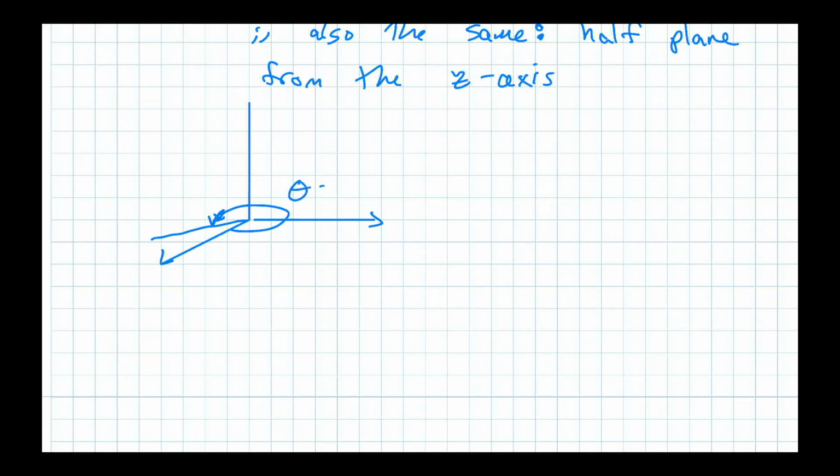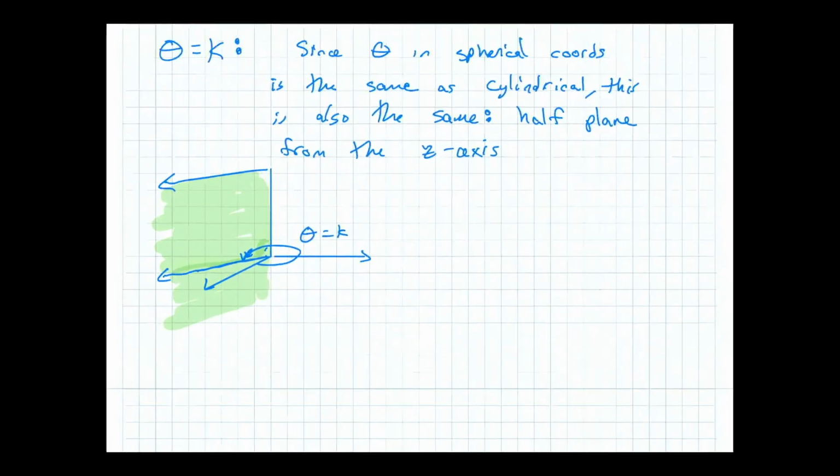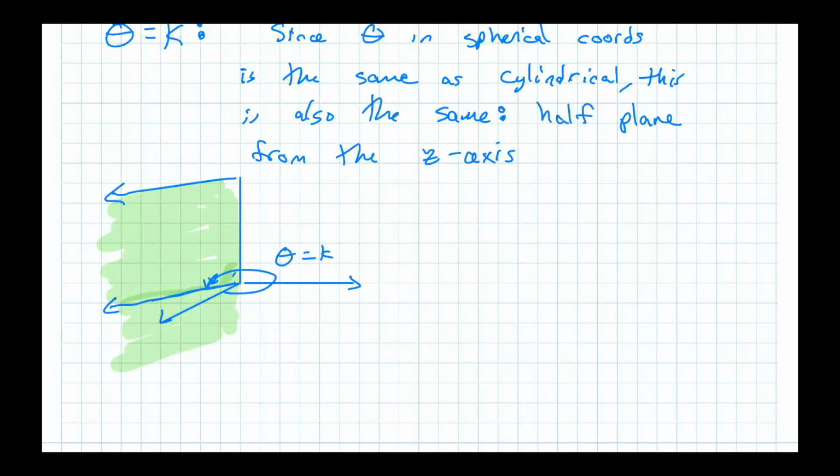Theta equals a constant could be there, and you get this entire ray. But of course, you extend that up and down, and you end up with just this plane. It also goes below the axis, like that. So, a half plane.